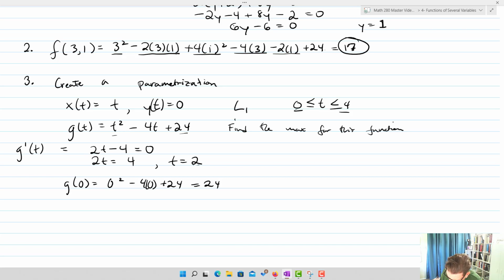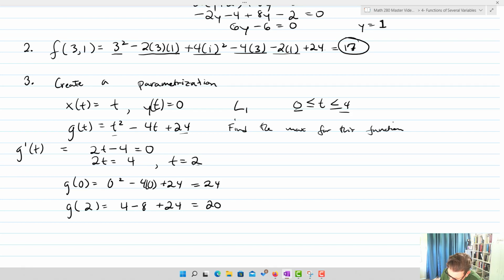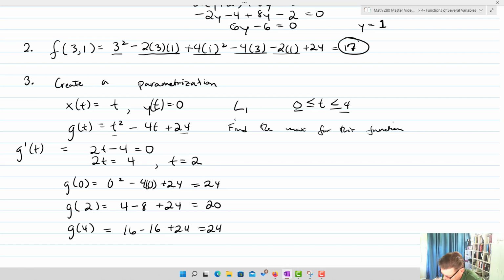Then g of 2 equals 4 minus 8 plus 24, which equals 20. And finally, g of 4 equals 16 minus 16 plus 24, and that equals 24 as well. So on line 1, the max is going to equal 24.